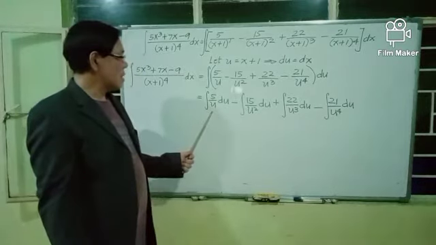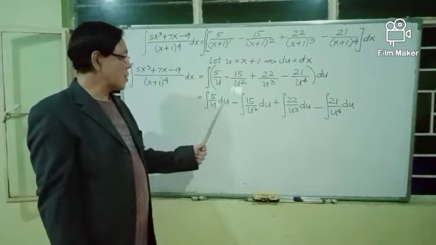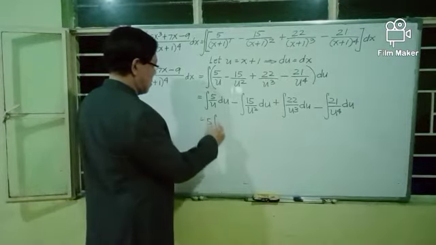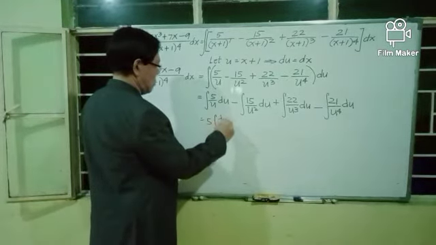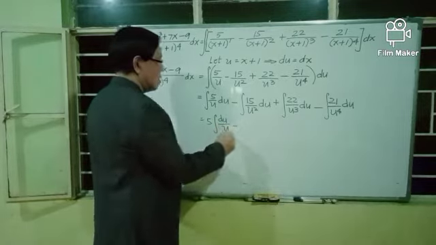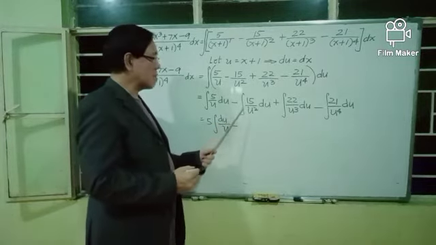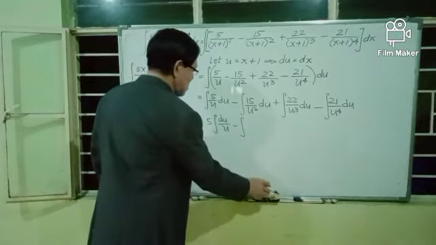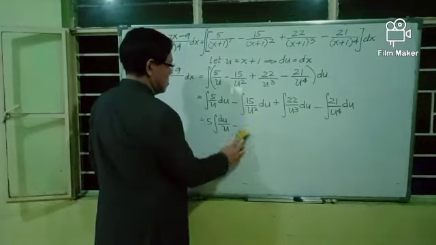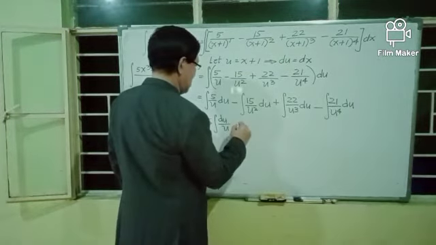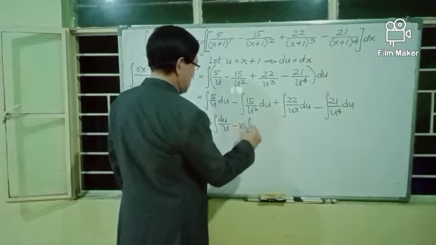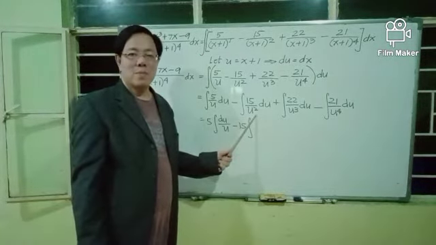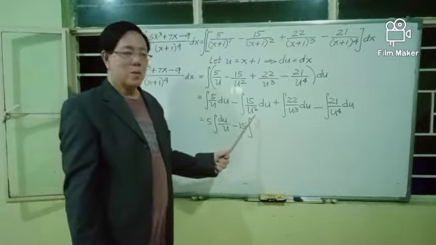And the first term becomes 5 times the integral of du over u. The second term is minus 15 times the integral of du over u squared, and we bring u squared to the numerator to apply the power rule.